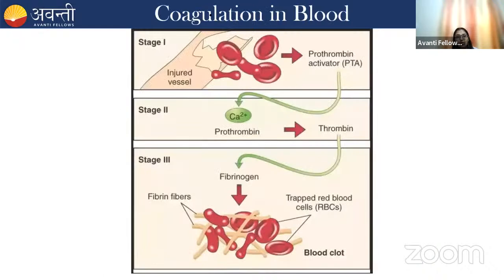Okay. Moving next is the coagulation in blood. Now we are going to discuss the role of platelets. When the tissue gets injured, okay, injury has taken place on tissue, the tissue will produce thromboplastin. Now this thromboplastin will attract more platelets.